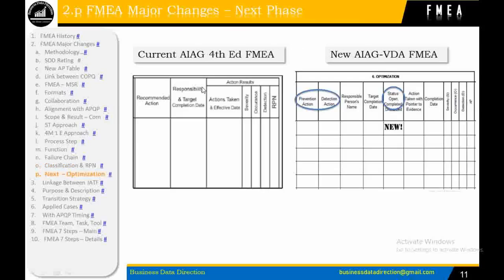The next change is that in recommended action, we had to write responsibility and target date. Now this is changed so that we have to write prevention action and detection action separately, and we have to write the status of action, whether it is open, completed or discarded. So these are the major changes in the new FMEA.